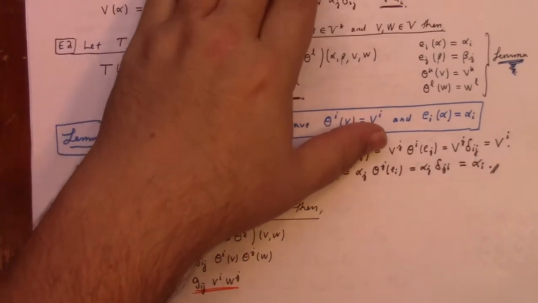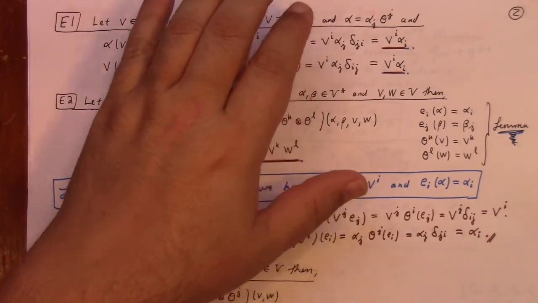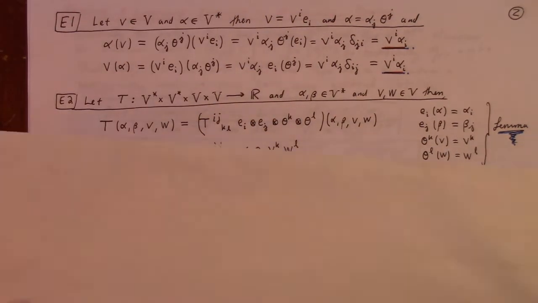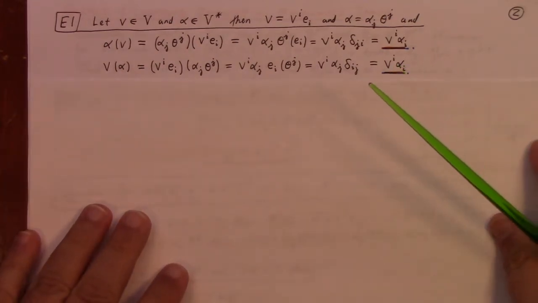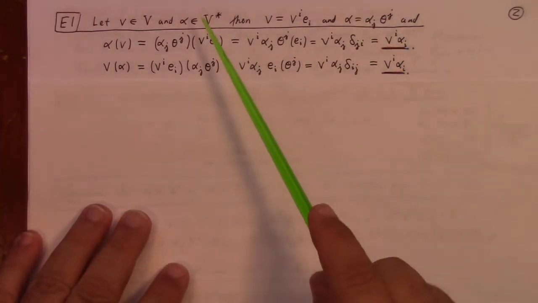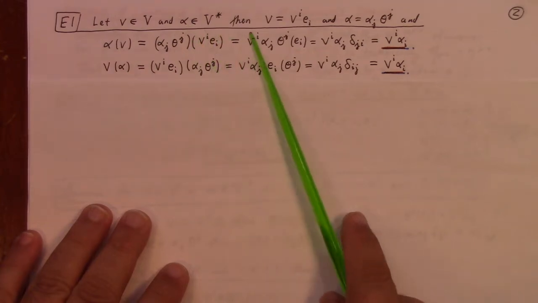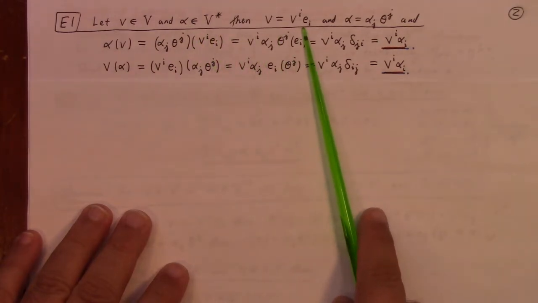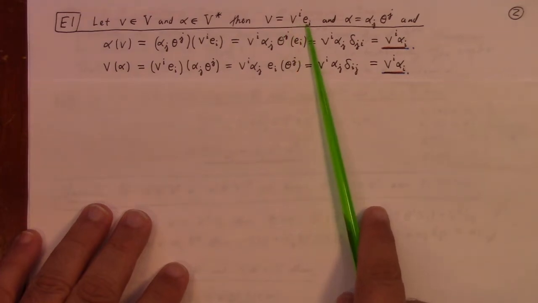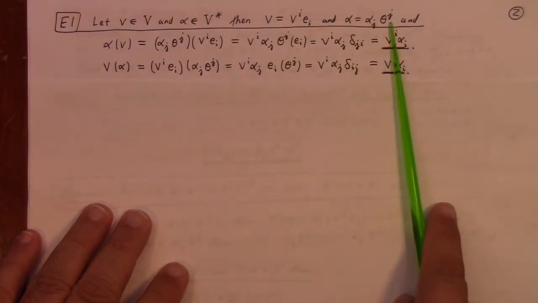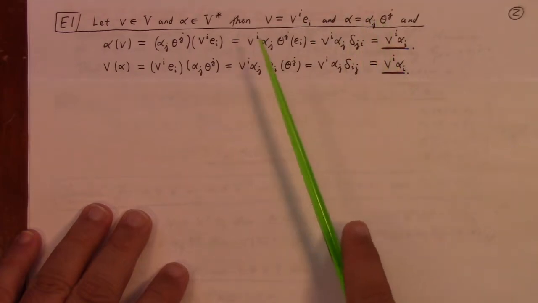So here are some examples, just to get us used to the notation a bit more. If we have a vector v and a dual vector alpha, then we can expand v as a sum over the basis e_i and alpha as a sum over the dual basis theta^j.